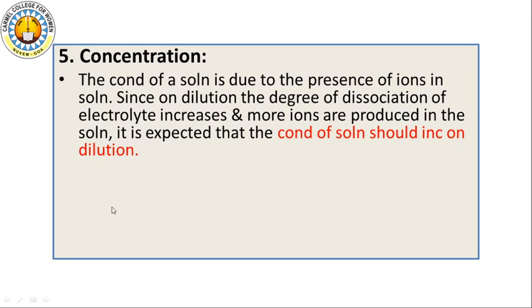So there will be more ions, and as a result, it is expected that the conductance of the solution increases on dilution. We have explained this point somewhere earlier also. So if the concentration decreases, that is, you are diluting the solution, the ionization increases, the number of ions increases, and conductance of the solution increases.